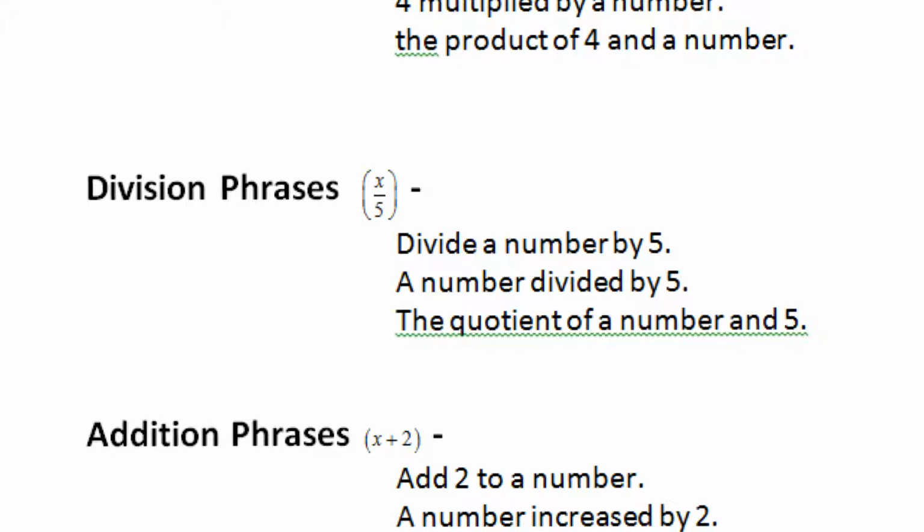So this one, you can say divide a number by 5, a number divided by 5, or the quotient of a number and 5. And I'm going to circle that word quotient. Quotient is very, very popular in algebra. So you have to know that quotient means division. You guys will have a fraction just like this one here. So the word quotient means fraction.